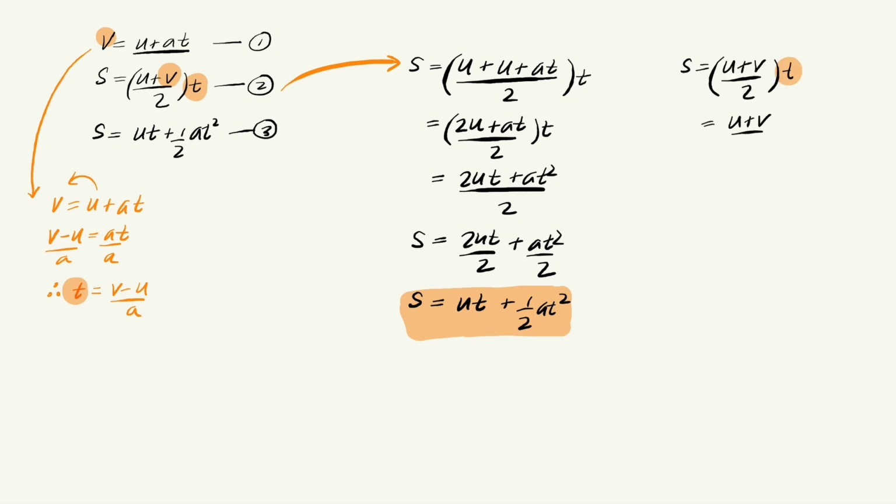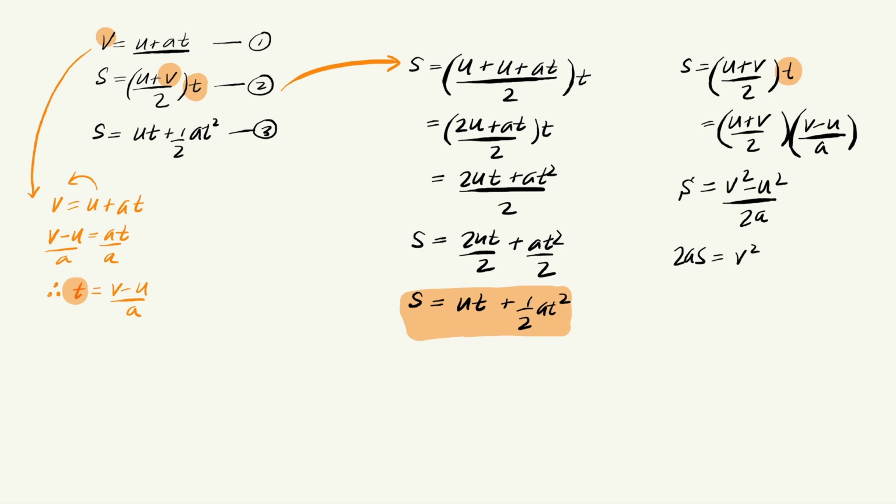S equals (u plus v) over 2 times (v minus u) over a. Multiply the numerators together. Notice that (u plus v) times (v minus u) is a difference of squares, which simplifies to v squared minus u squared. So s equals (v squared minus u squared) over 2a.